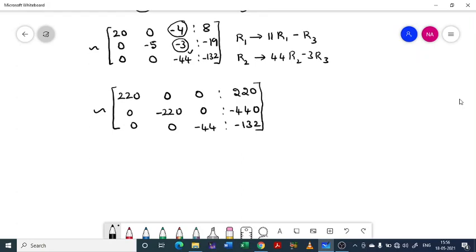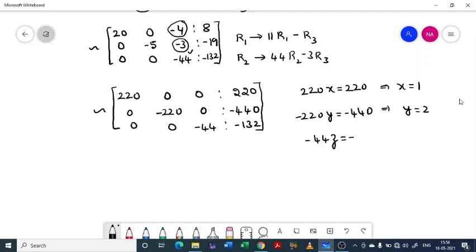Thus from this, again writing equations, you are getting 220 x equal to 220, so that implies x will be equal to 1. Minus 220 y equal to minus 440, from that you can get y equal to 2. Minus 44z equal to minus 132.